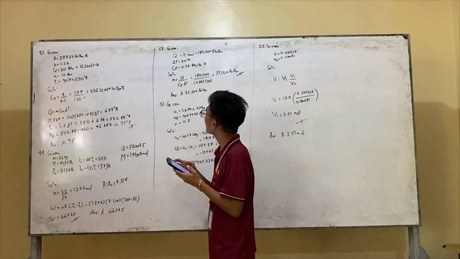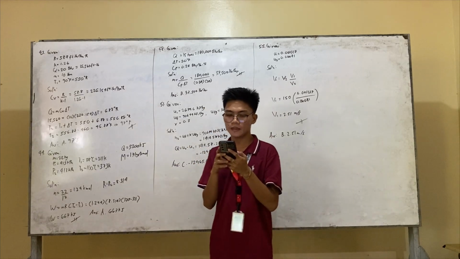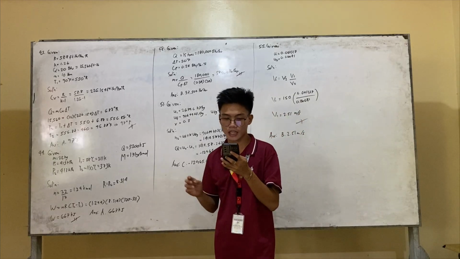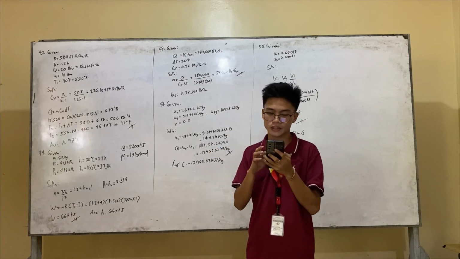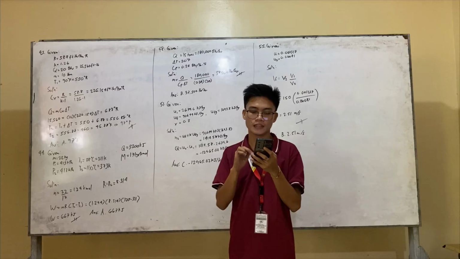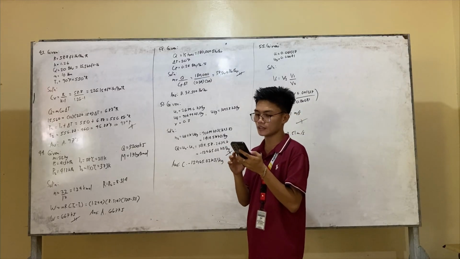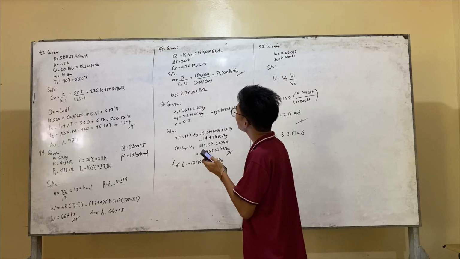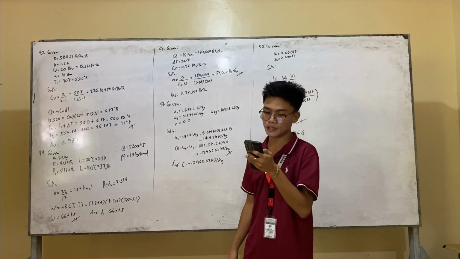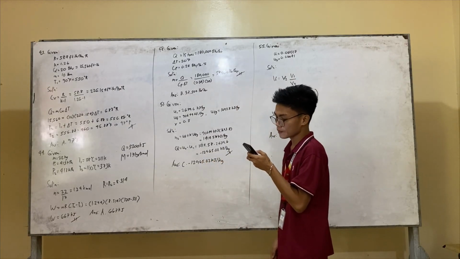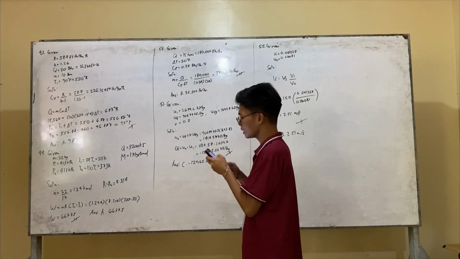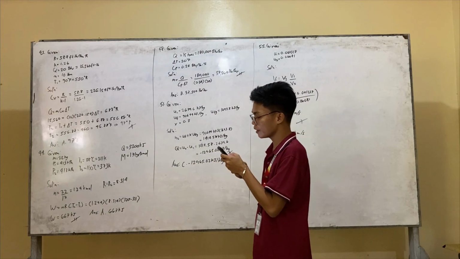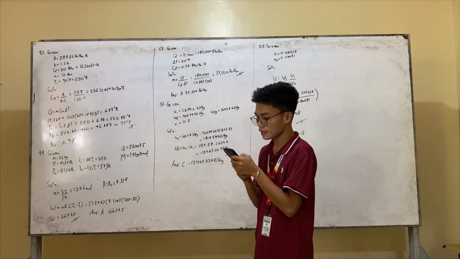So the problem is: steam at 2 MPa and 250 degrees Celsius in a rigid cylinder is cooled until the quality is 30%. Find the heat rejected from the cylinder. So at 2 MPa and 250 degrees Celsius, our v is 0.1114 cubic meter per kilogram.